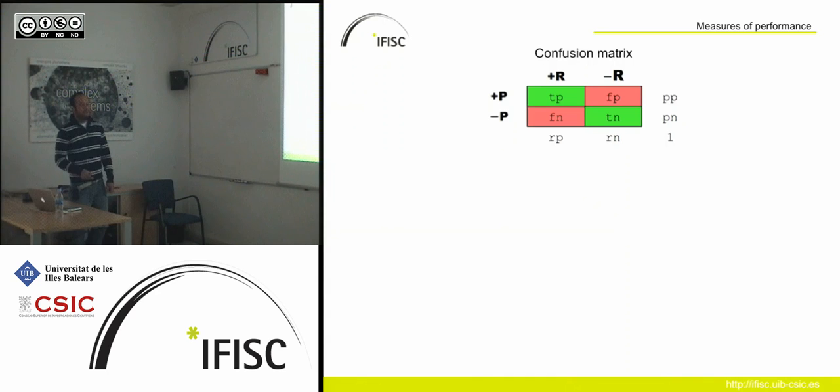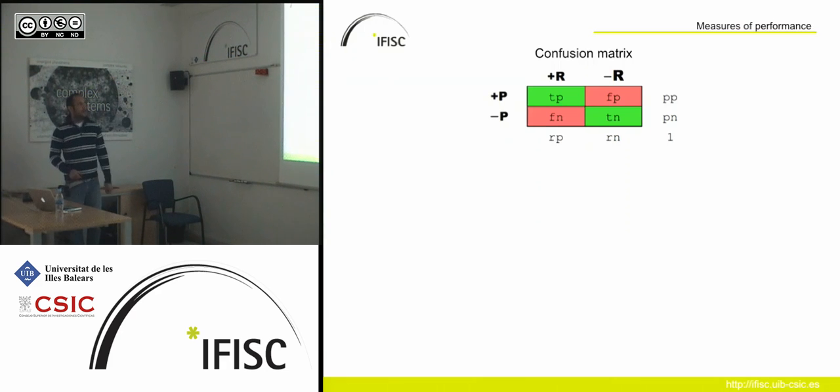In the rows, we have the prediction of the system. So I give the system a pathological heartbeat and ask, what do you think this is? If the system says it's pathological, then I have a true positive. If the system says, no, it's normal, then I have a false negative. And so on for the others.